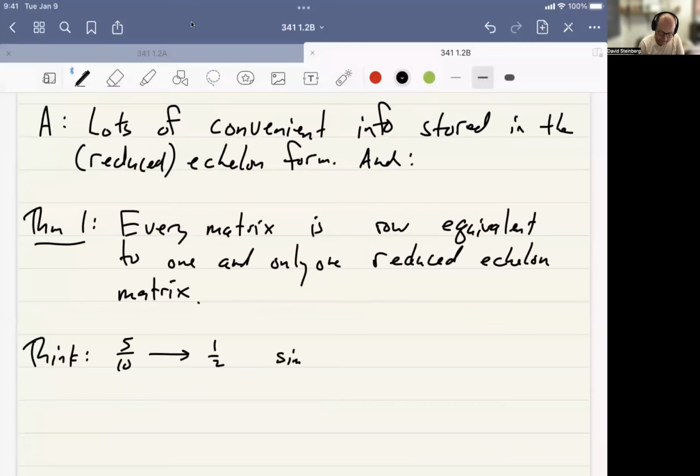It's similar to reducing a matrix to its reduced row echelon form.